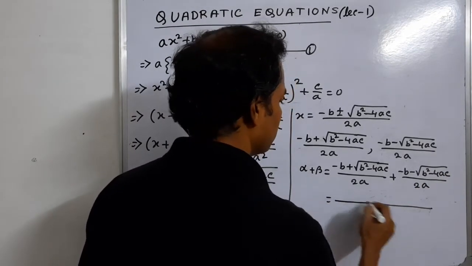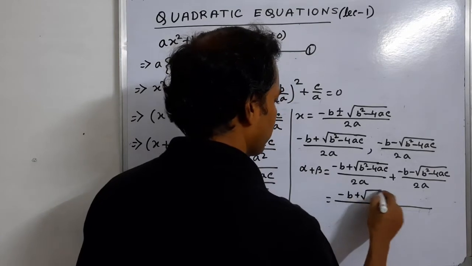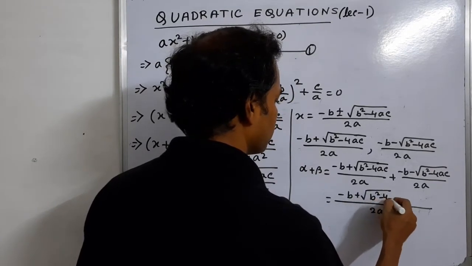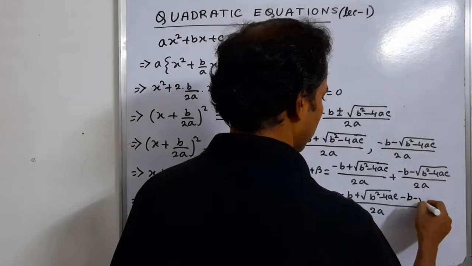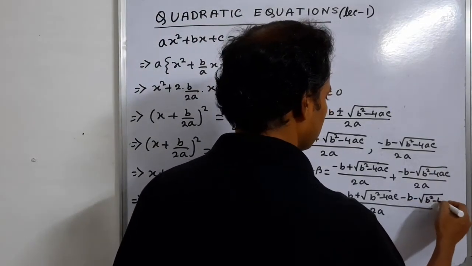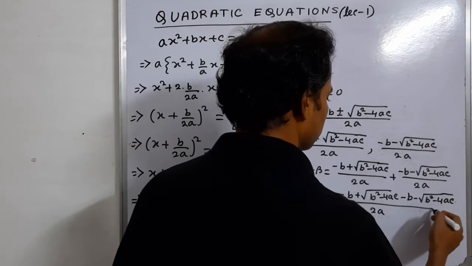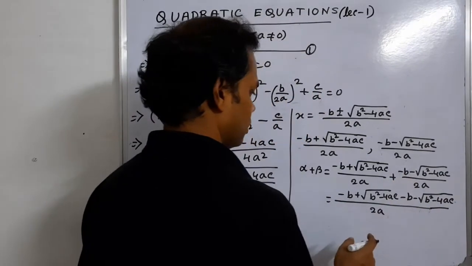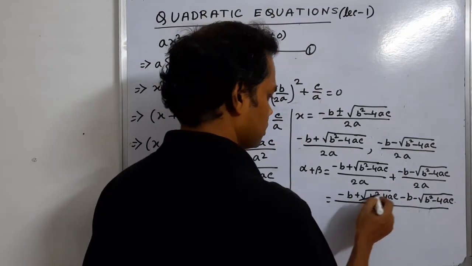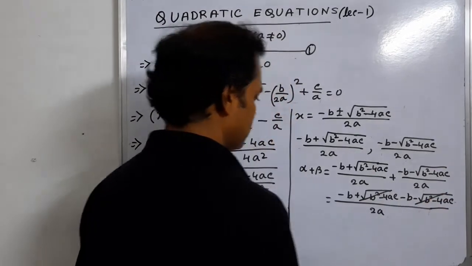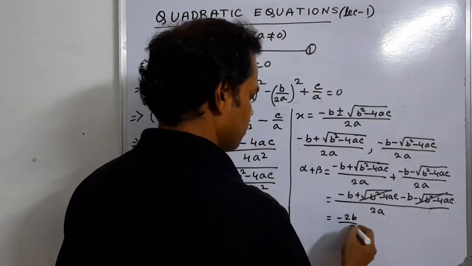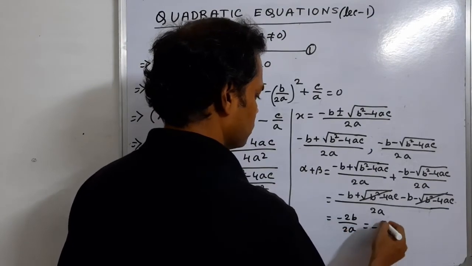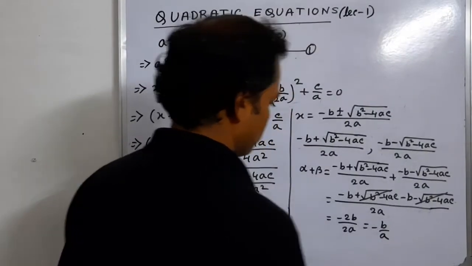So plus and minus square roots cancel each other, leaving minus 2b by 2a, so it becomes minus b by a.